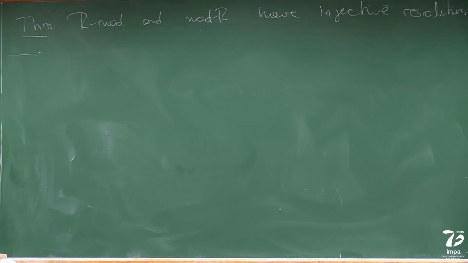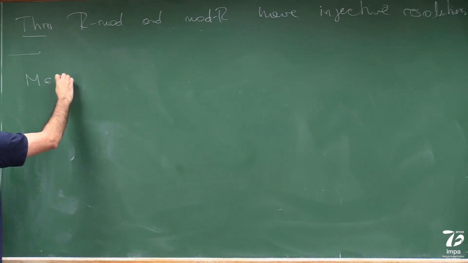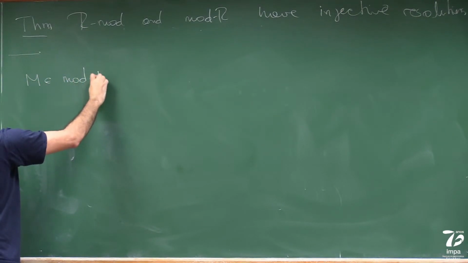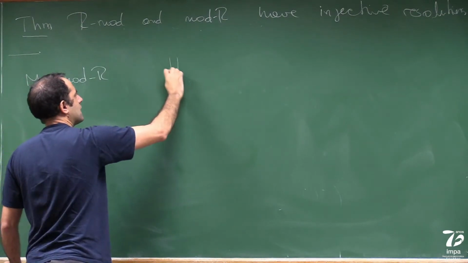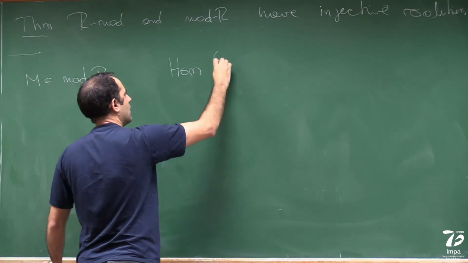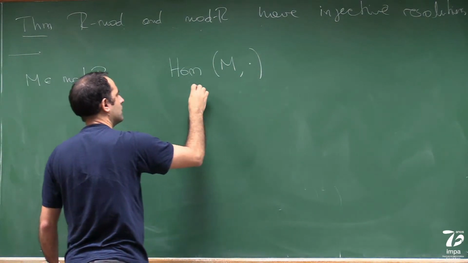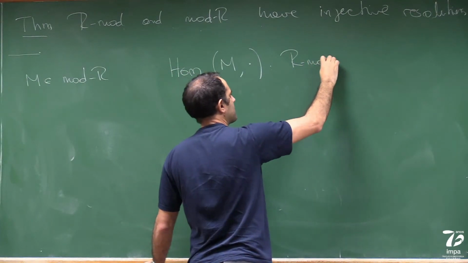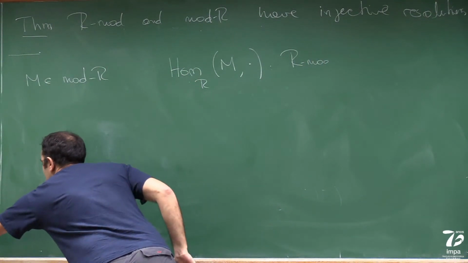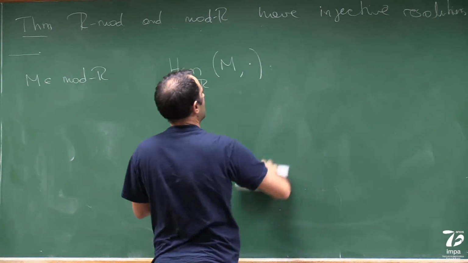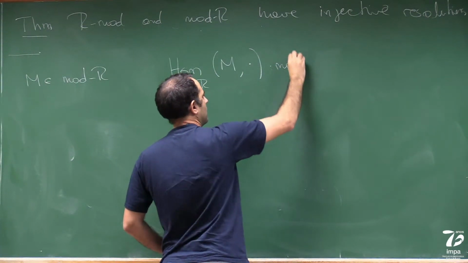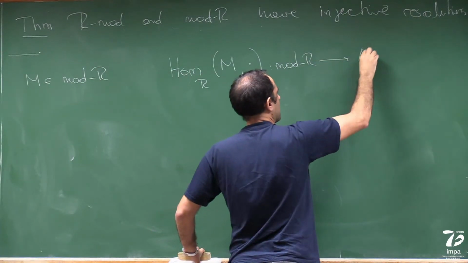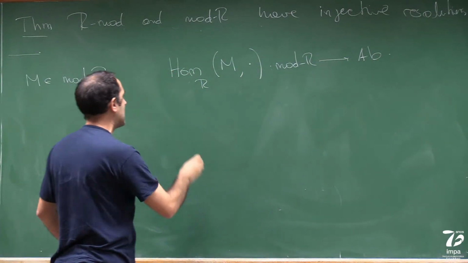Okay, so let's say that M is an R module. Then this functor that goes from the category of R modules to abelian groups is left exact.